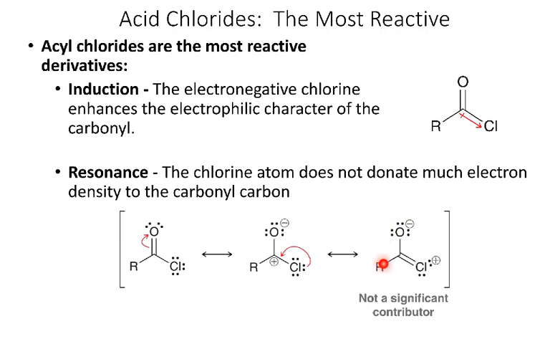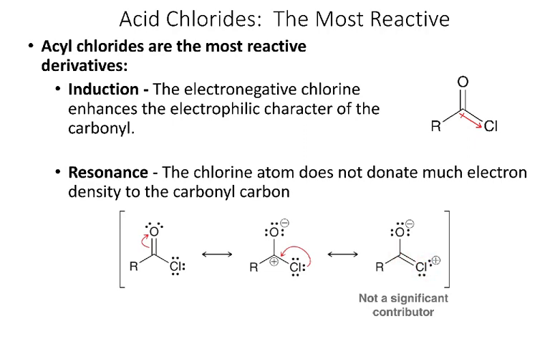We can also imagine drawing this resonance contributor where one of the pi bonds from the chlorine comes down to give us a positive charge on the chlorine atom. This is not a significant resonance contributor because the p orbital on the carbon is much smaller than the p orbital on the chlorine atom.